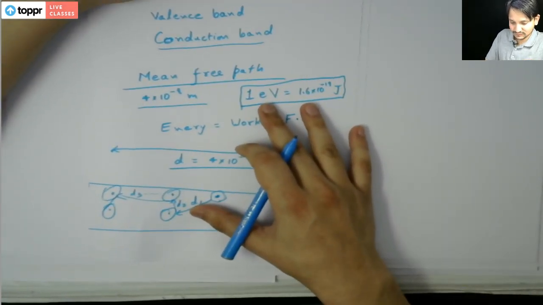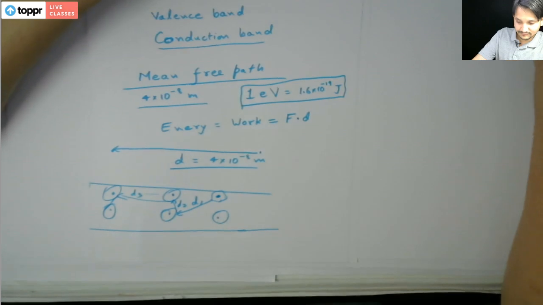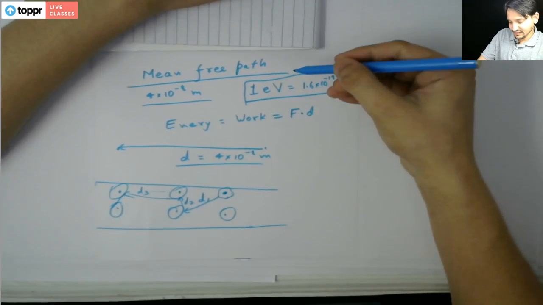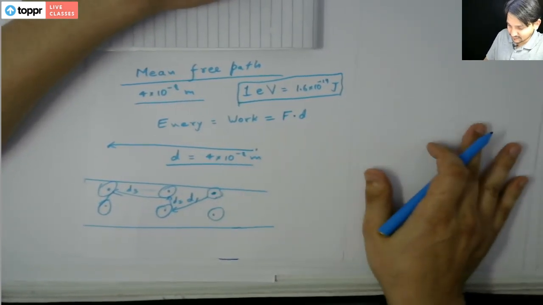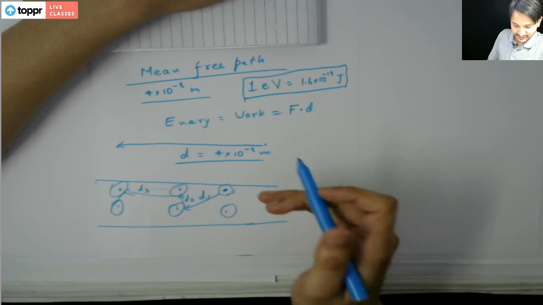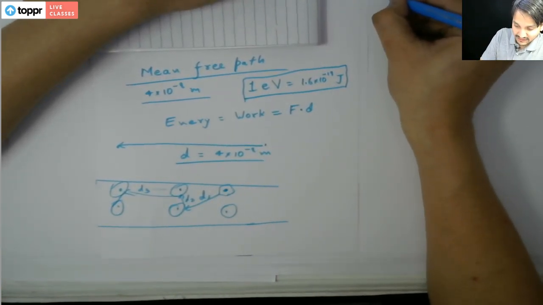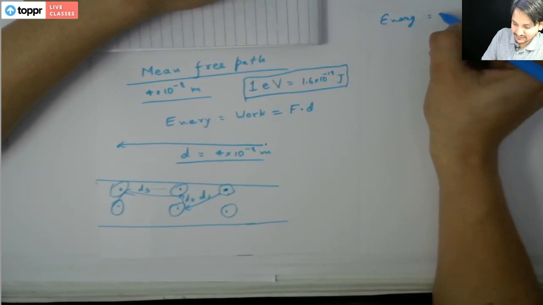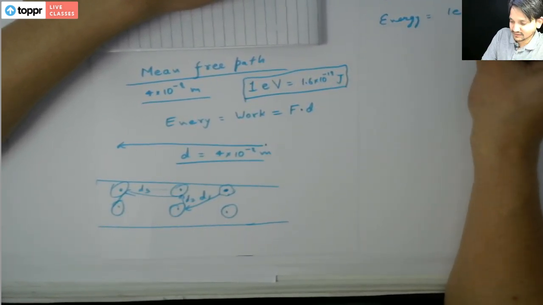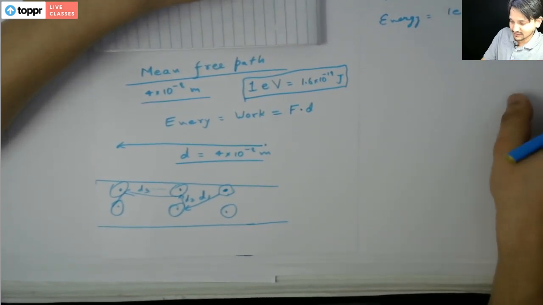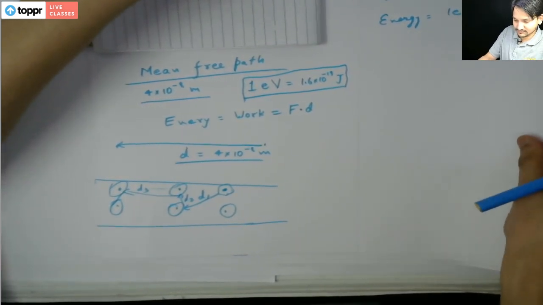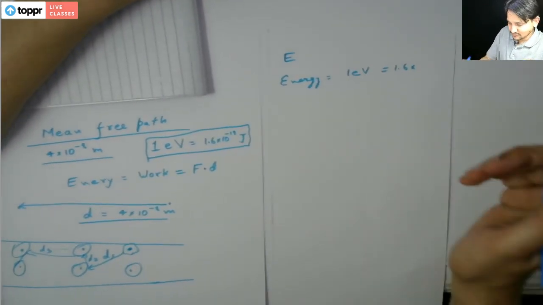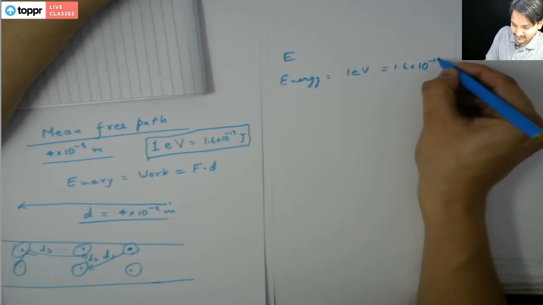So here we have our question, and what we were finding was the electric field E, which will give the final energy as 1 electron volt, that is 1.6 into 10 to the power minus 19 joule.